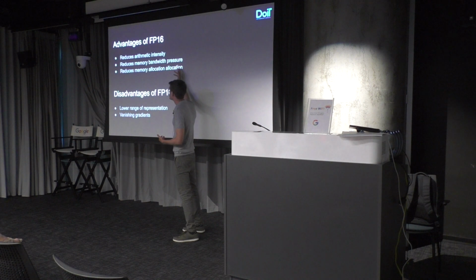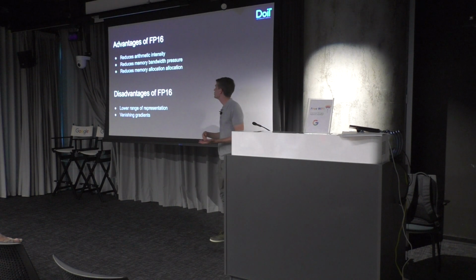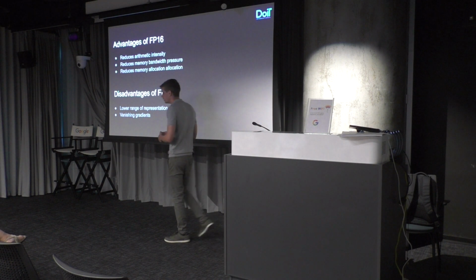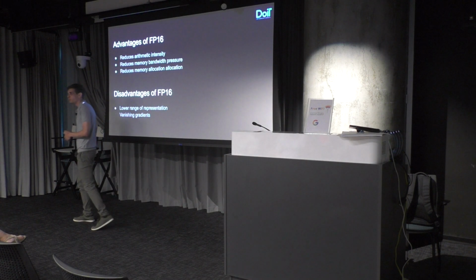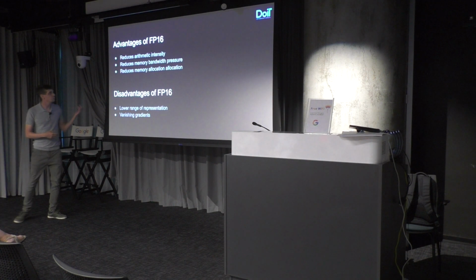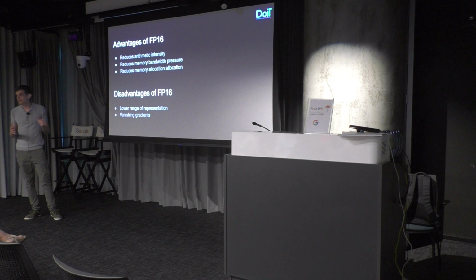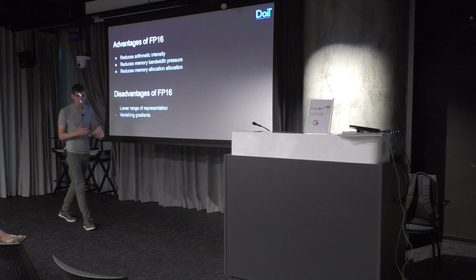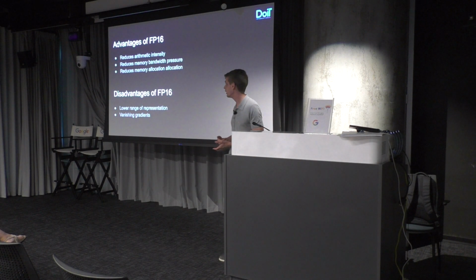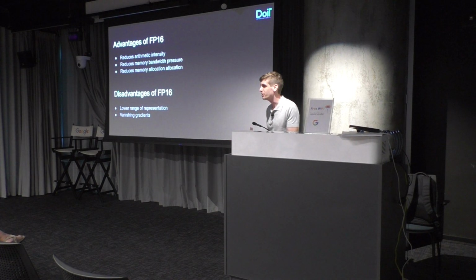The second reason that they're saying is that you can reduce the memory bandwidth. You can think of it as when you're downloading a 720p movie or a 1080p movie, the smaller representation of the movie would result in a faster download speed.